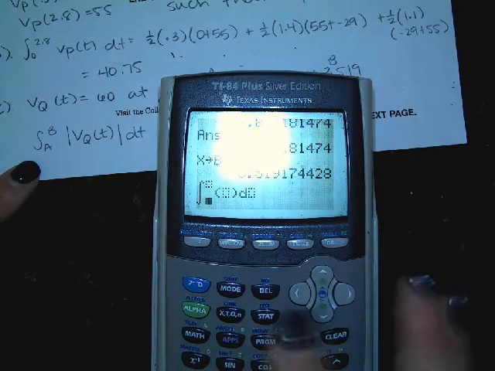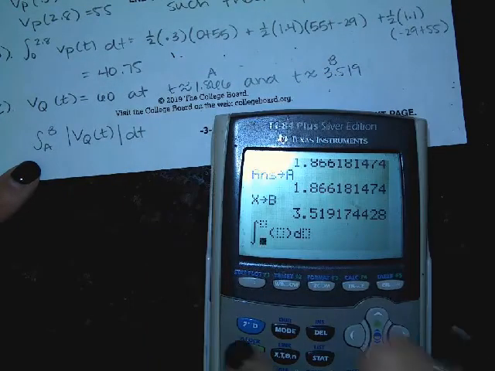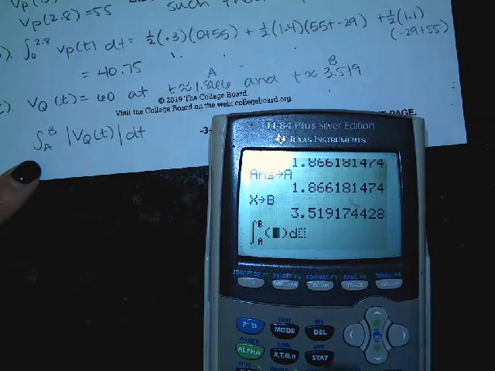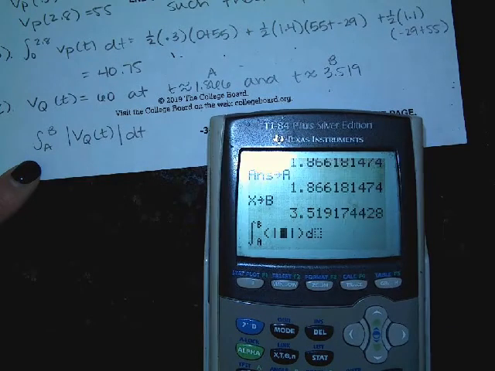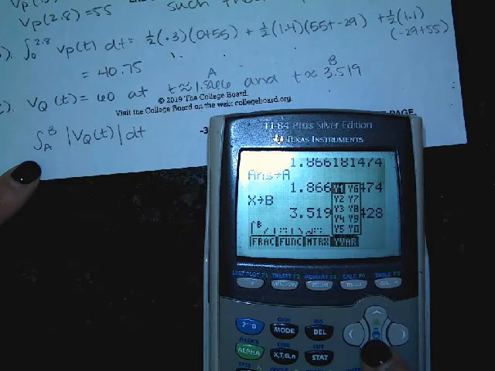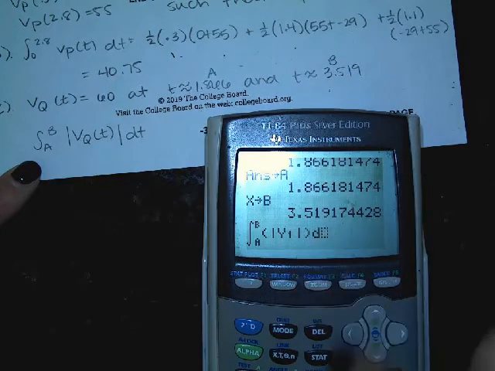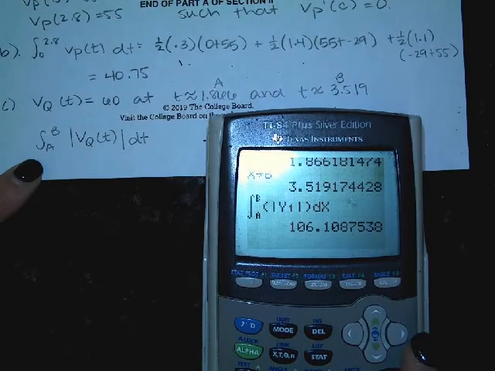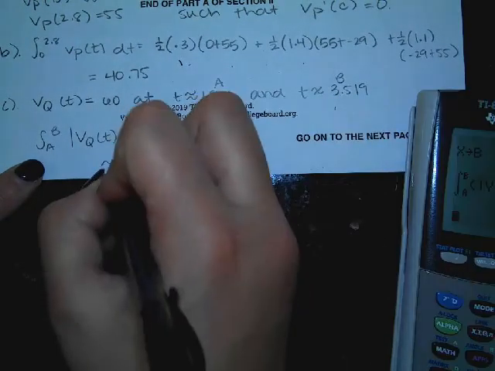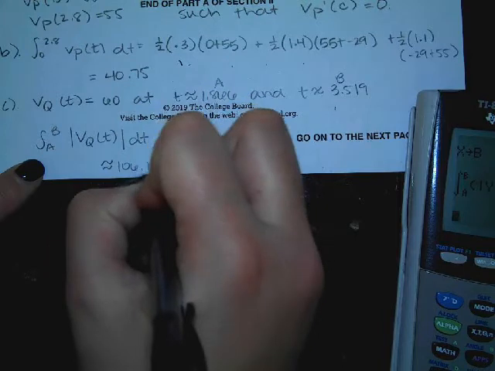So Math 9, from A to B, get the absolute value in there, of the function that I programmed in for y1, 106.109.